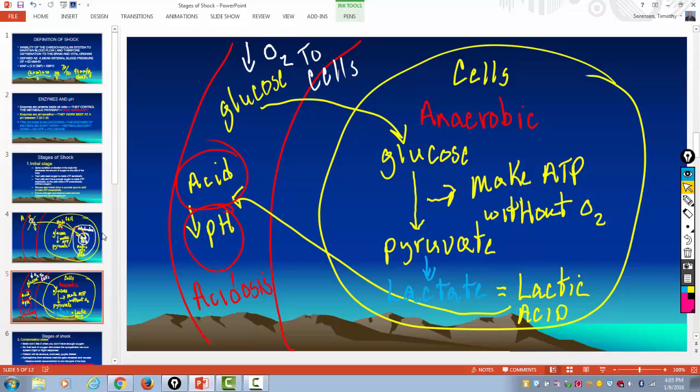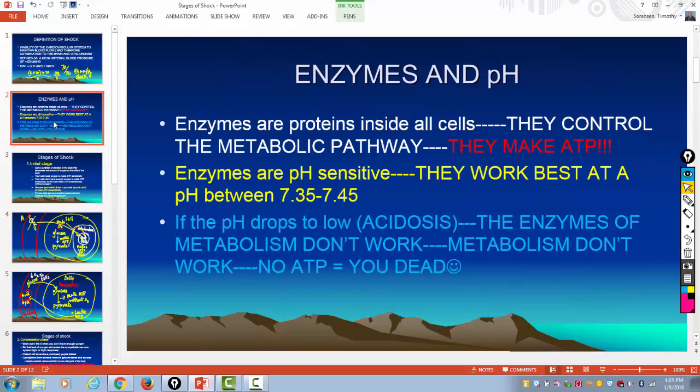And this is important, this is critical. Enzymes and pH. Enzymes control the metabolic pathway. So they break down glucose and fat to make ATP. The important thing to remember is that enzymes are temperature and pH sensitive. They work best at a pH between 7.35 to 7.45.